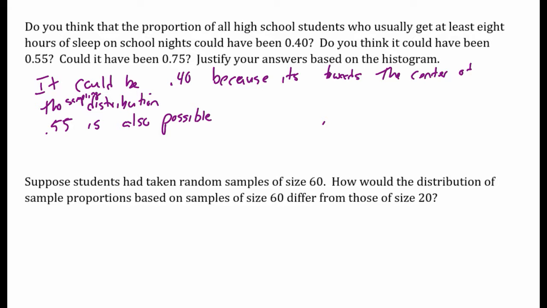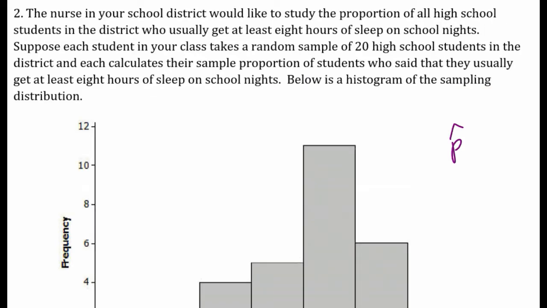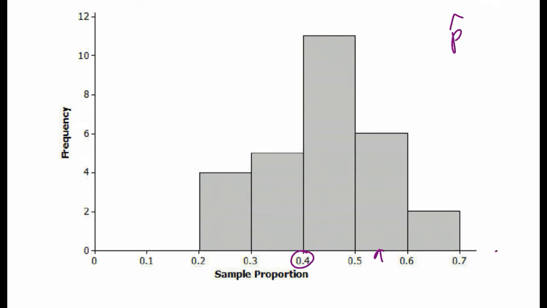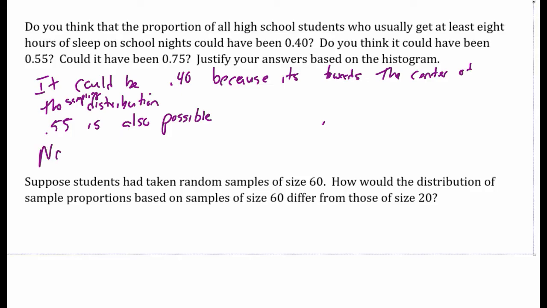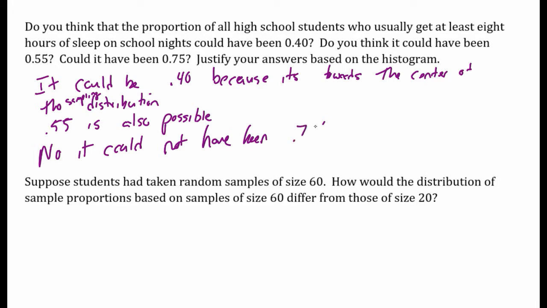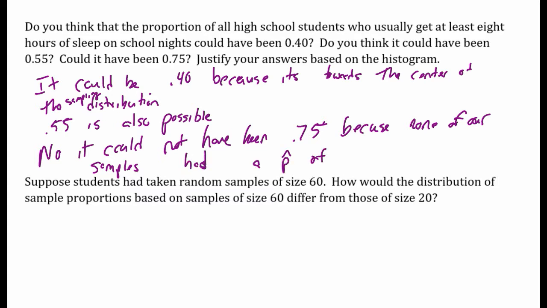Could it have been 0.75? Could it have been 0.75? 0.75 is all the way over here. No, I'm going to say no. It could not have been 0.75, because none of our samples had a p-hat of, how high did it go?